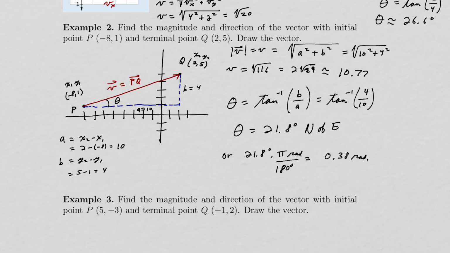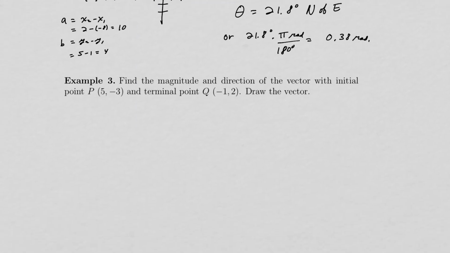Okay, another example. Same sort of thing. Find the magnitude and direction of the vector with initial point (5, -3) and terminal point (-1, 2). So again, let me draw a picture.